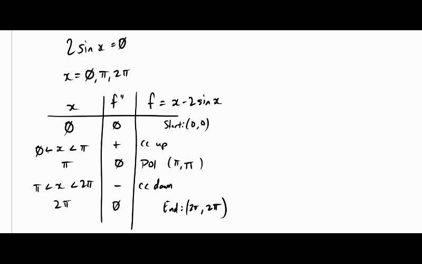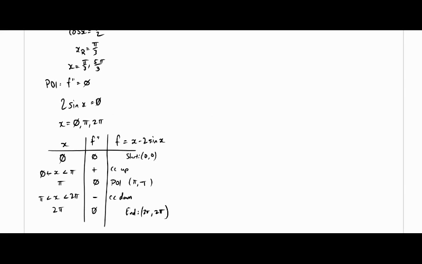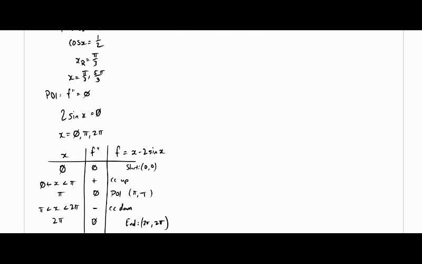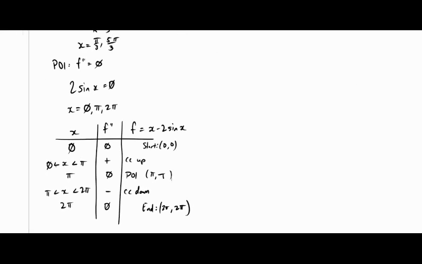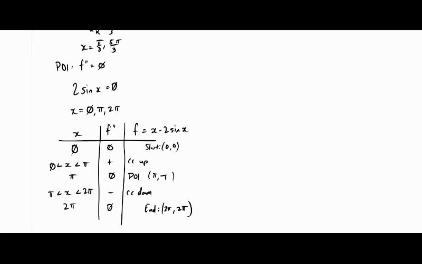I need a couple more things. I look back at my critical values. Pi by 3 is in here, where it's concave up. Okay, so that's a local min. So pi by 3, and it works out to negative 0.68.